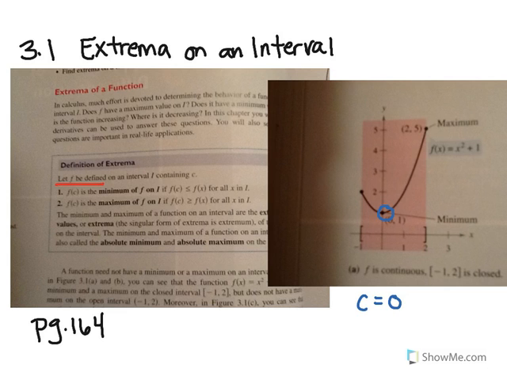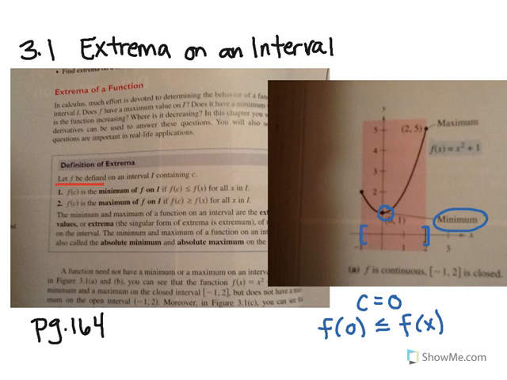So number 1 says that f of c, in other words, f of 0, is less than or equal to any other x value that I plug in here for every single x value in that interval. Now if you look here, the interval only goes from -1 to +2. So within that interval, all of the other values of x that I plug in are always going to be bigger than this value here at c equals 0. So this is what we call a minimum.